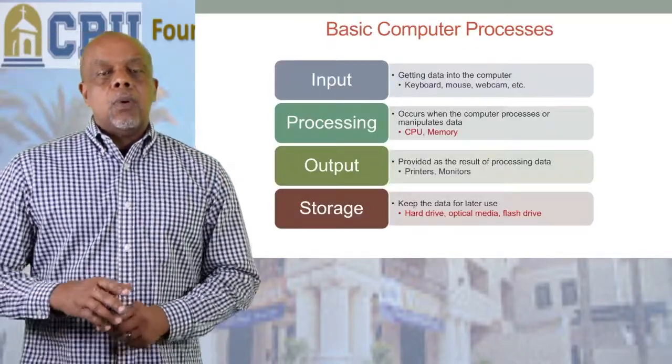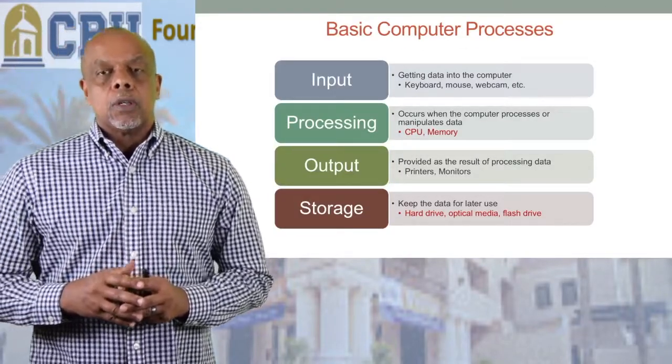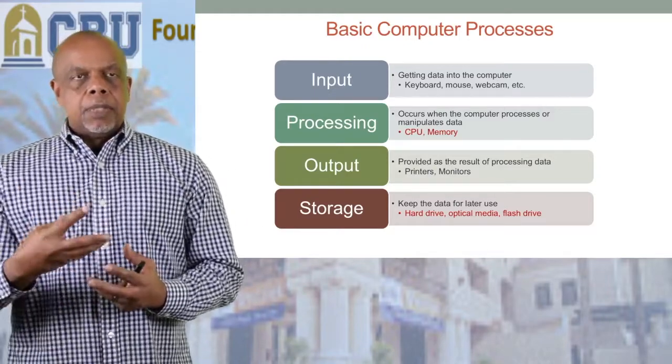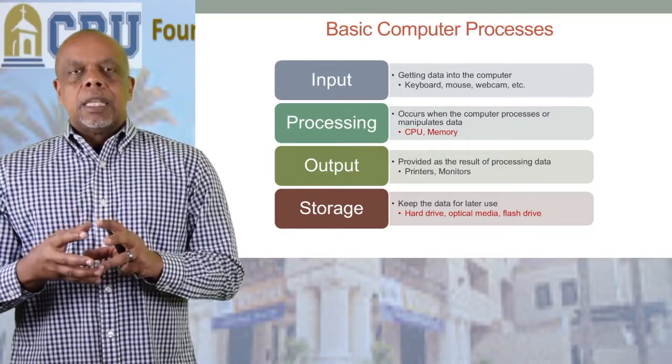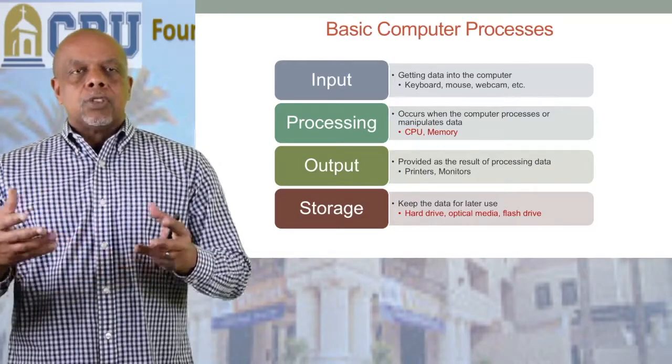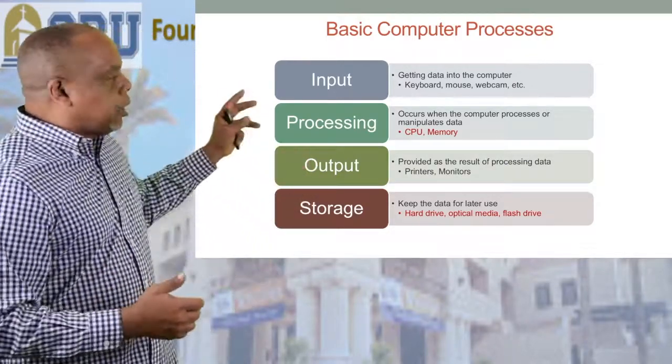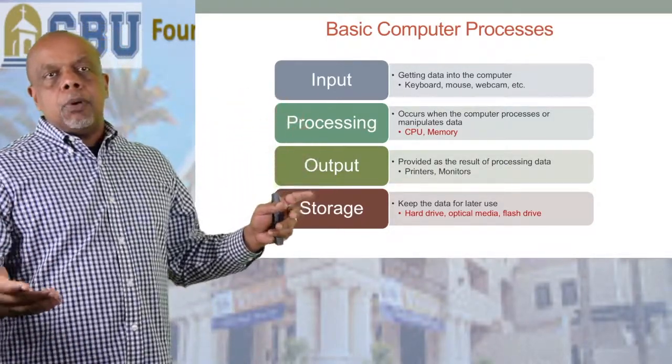When we think about a computer, some of the basic processes that a computer does: it takes an input, it processes it, it gives it as an output, and then it stores that. Input devices are things like your mouse, keyboard, webcams.